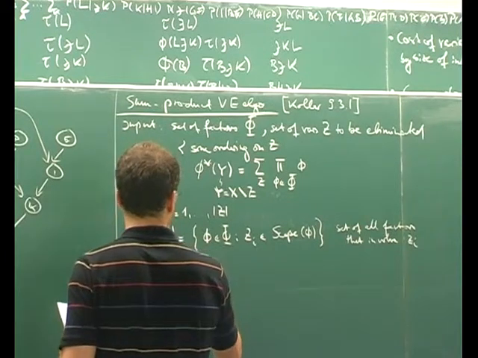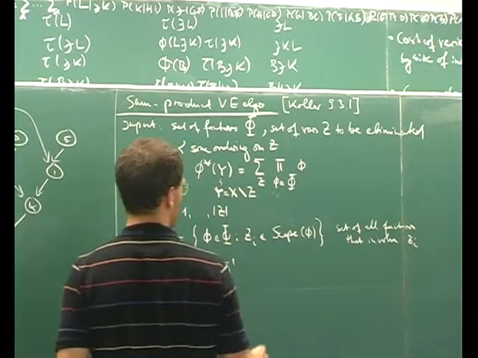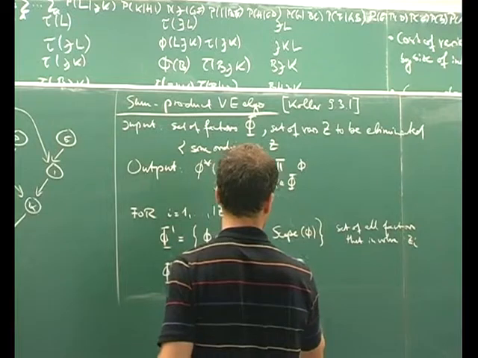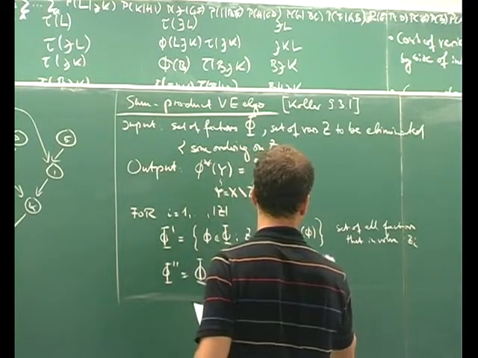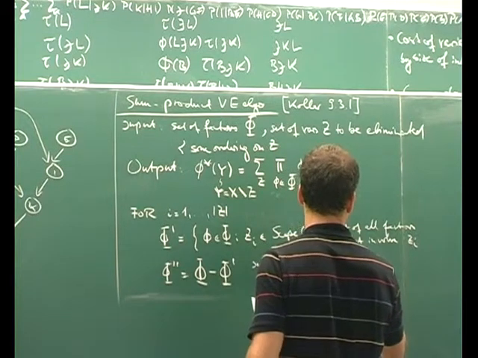Then we have the complement, so the set of all factors that do not involve z_i.